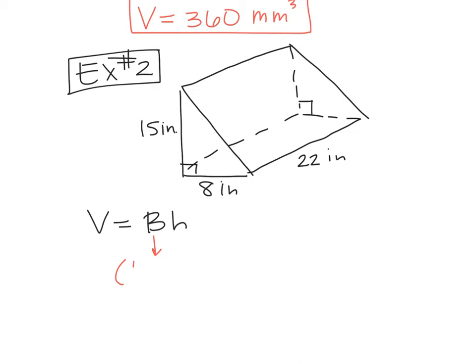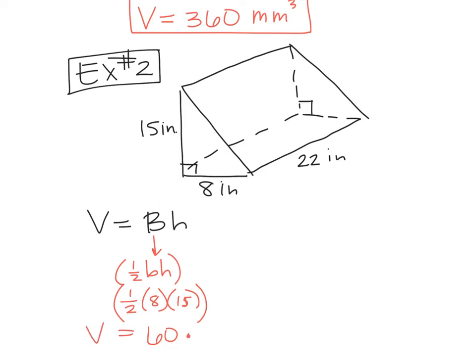So you're going to go 1/2 BH for that B, which is going to be 1/2 times 8 times 15. Okay, so that is B, area of your base. Let's just plug that in real quick and give you a number. 1/2 times 8 times 15 is 60.